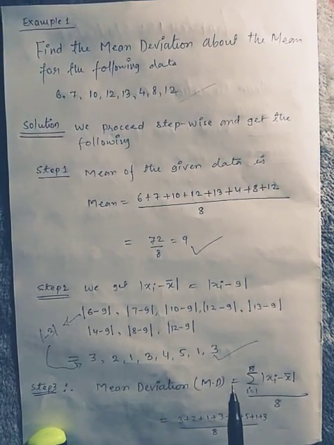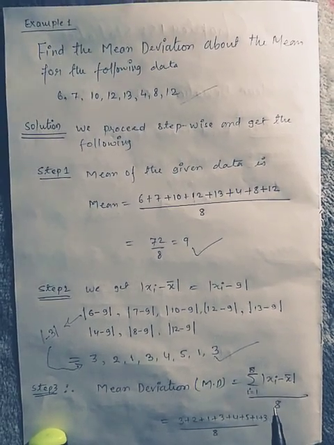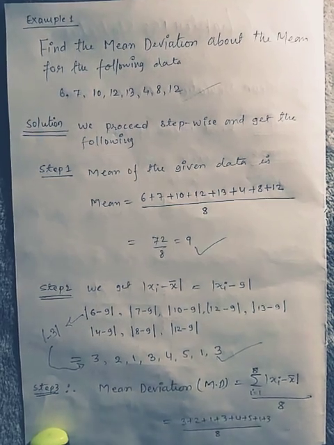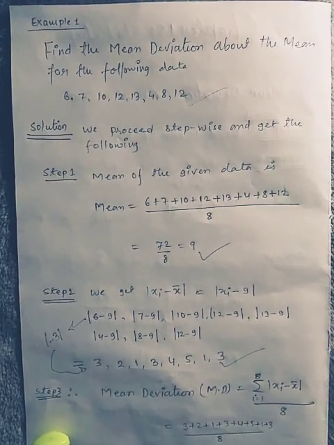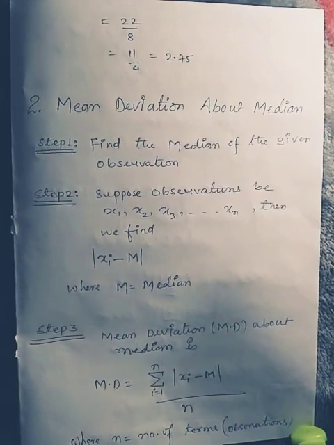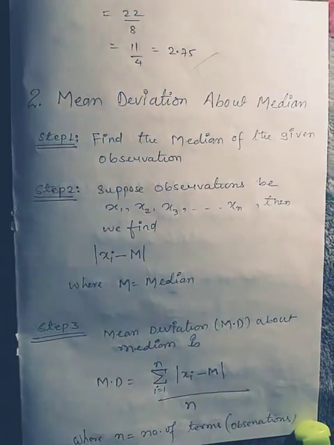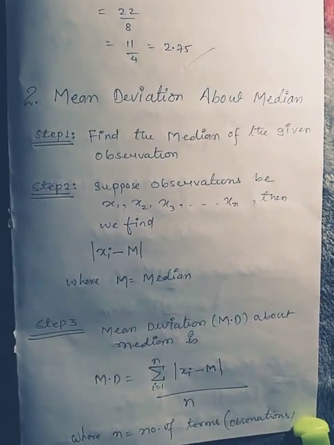The formula is summation of mod xi minus mean by number of observations. After simplifying, the mean deviation for example 1 we get 2.75.